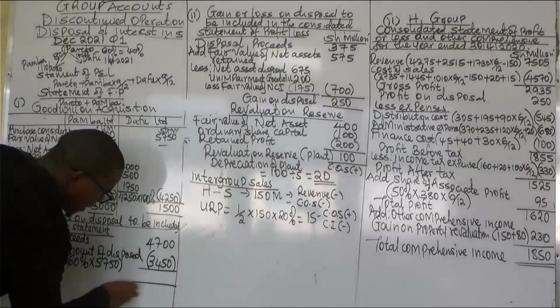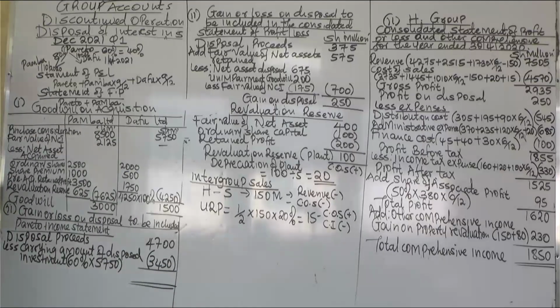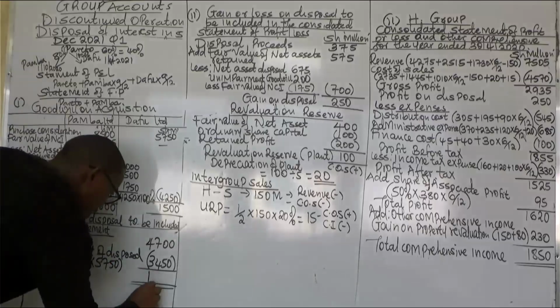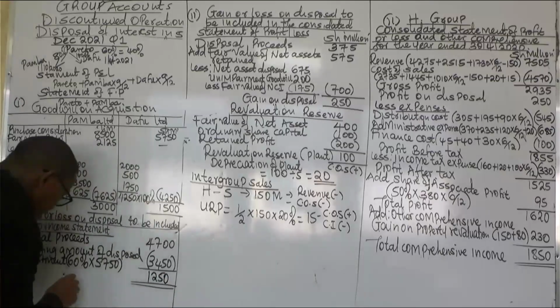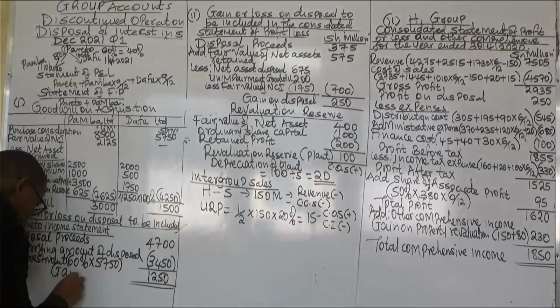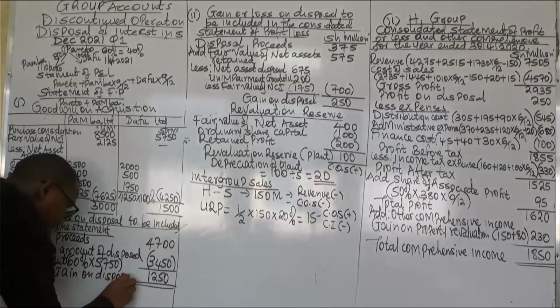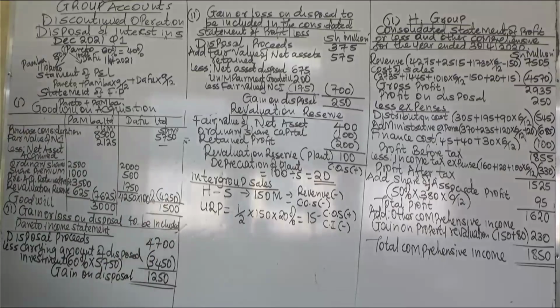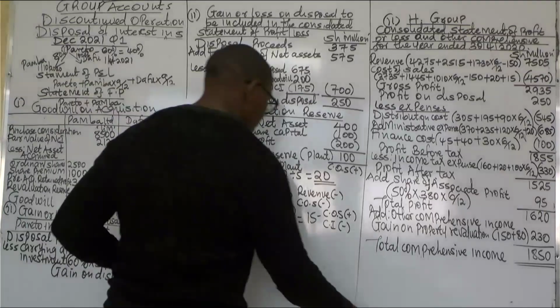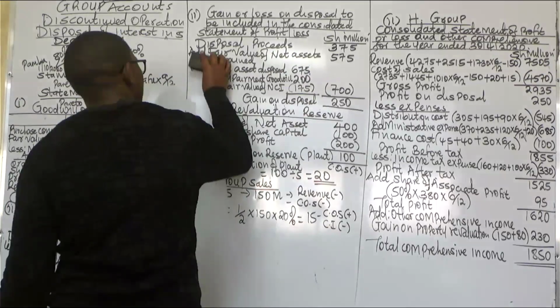So it will be 4,700 minus 34.50. That becomes 12.50. That will be the gain on disposal. That is what we take to the parent's income statement. What about what you now take to the consolidated?